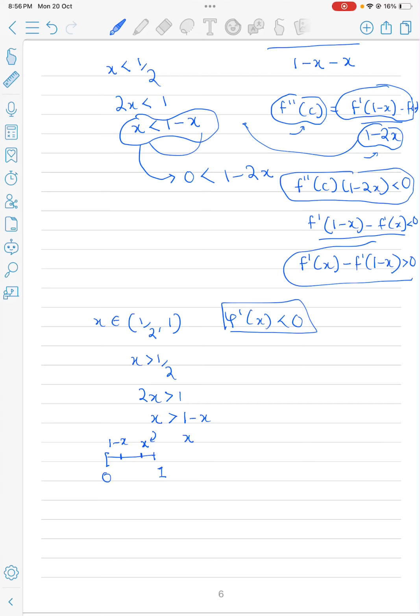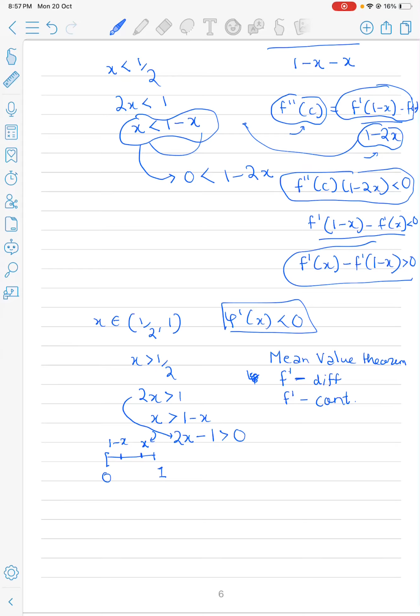And 2x minus 1 is greater than 0. From here only. So we will use this. Now again, if you use the mean value theorem on f dash, you can use it because f double dash exists. So f dash is differentiable, and it's also continuous as well, right?